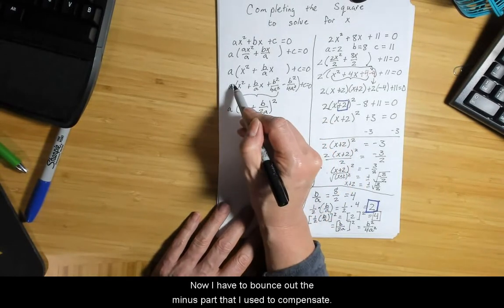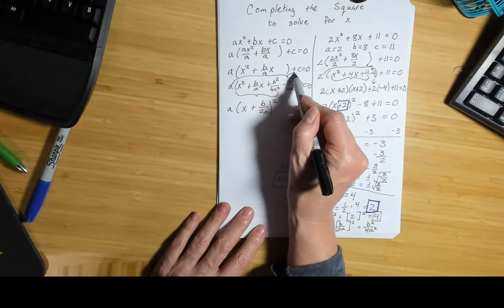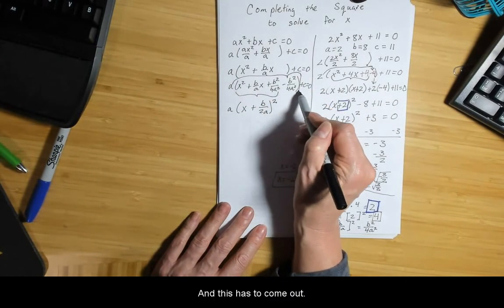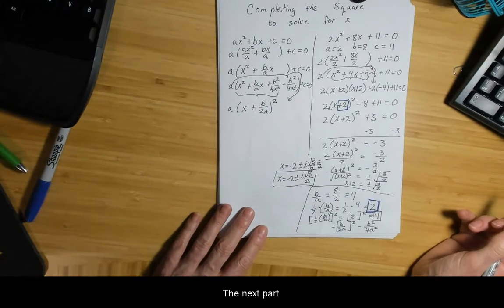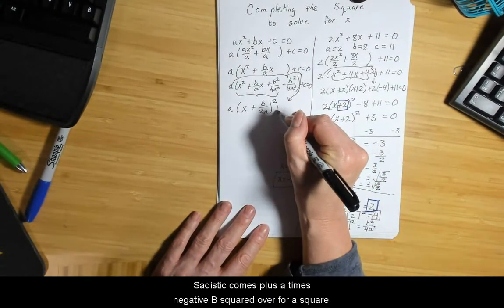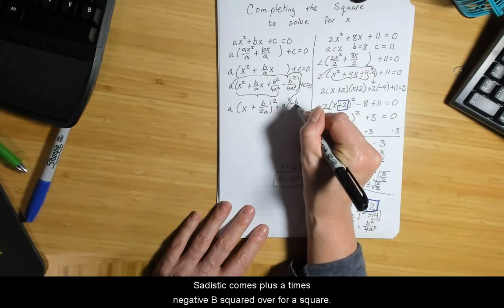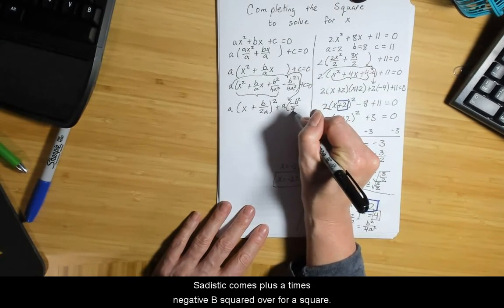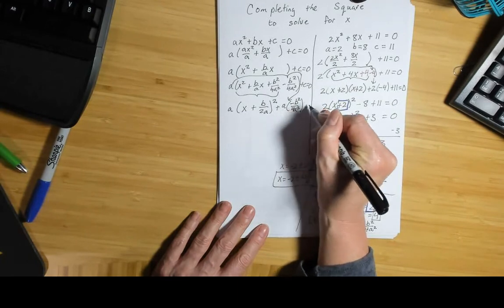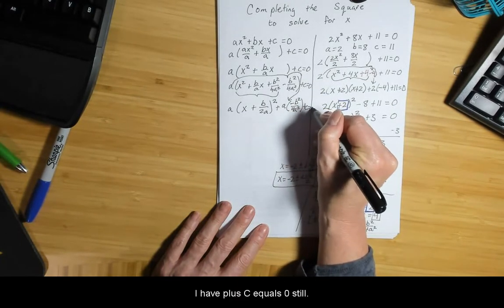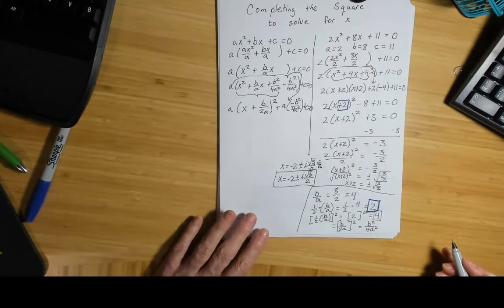Now I have to bounce out the minus part that I used to compensate, and this has to come out for the next part. So this becomes plus a times negative b squared over 4a squared. Then I have plus c equals 0 still.